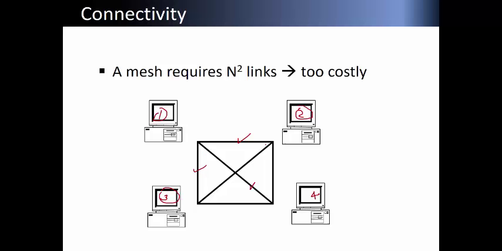But if we have n nodes, then we need n square links, which is a lot, right? A lot of communication. Not only the line issue. If we have so many lines from this node, this computer, another issue is how does the guy know where to go?